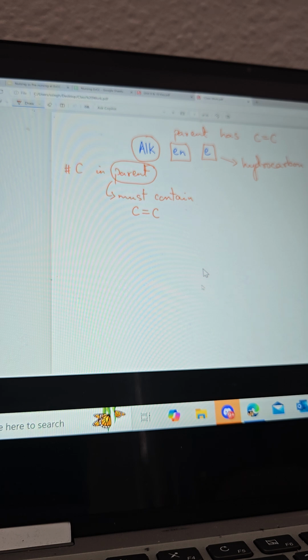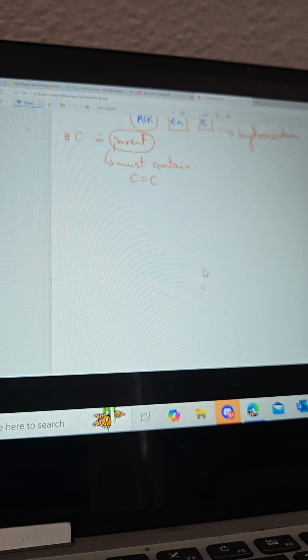So the first step, as always, when you're doing IUPAC naming, is to figure out the parent chain. Let me draw something, we'll go through some examples. Give me a second.